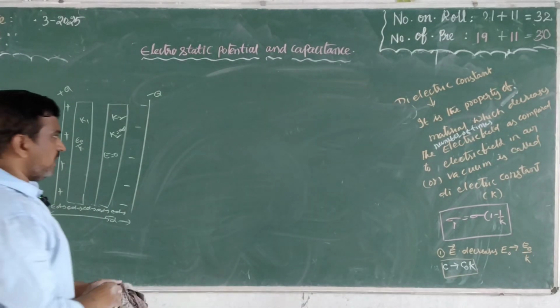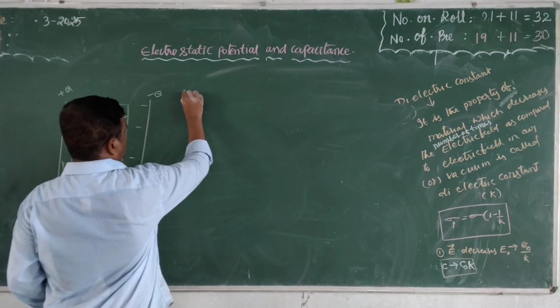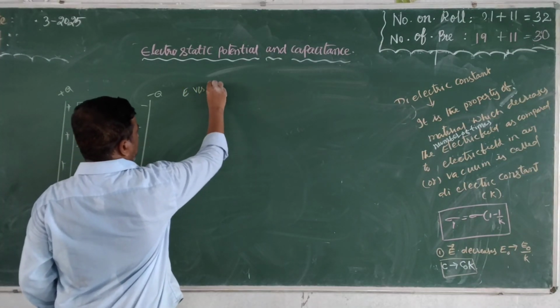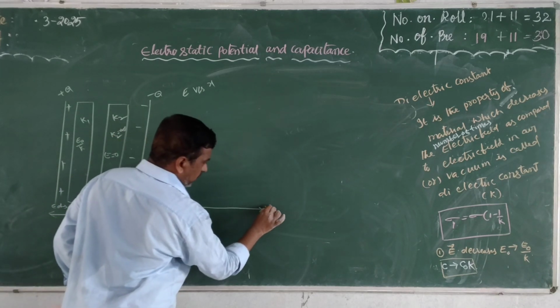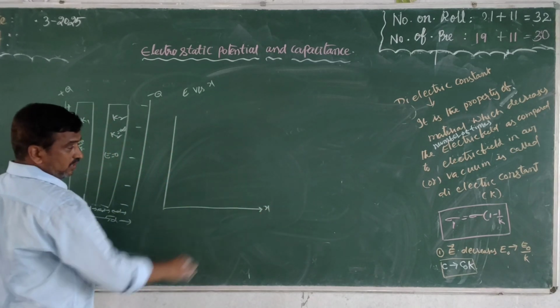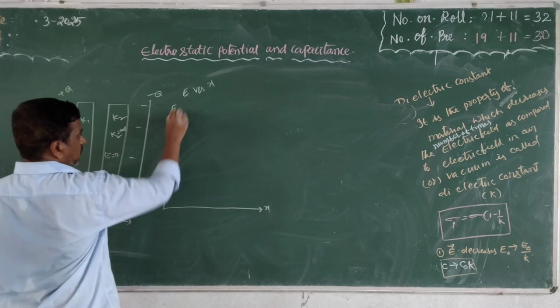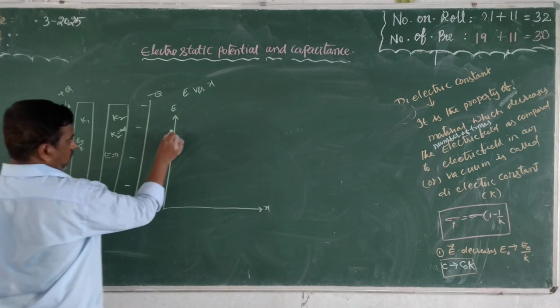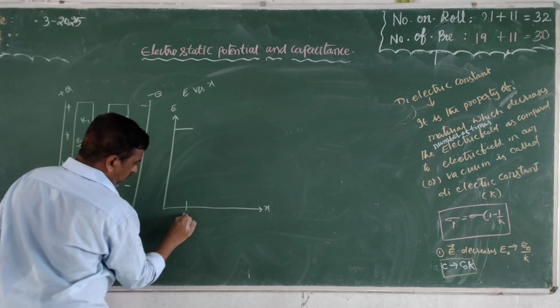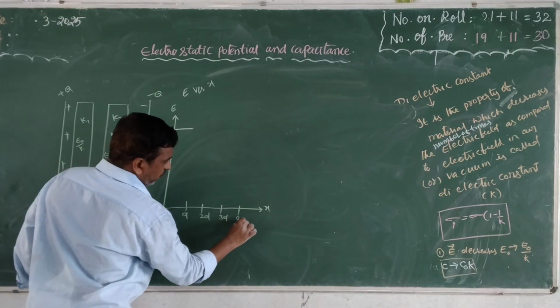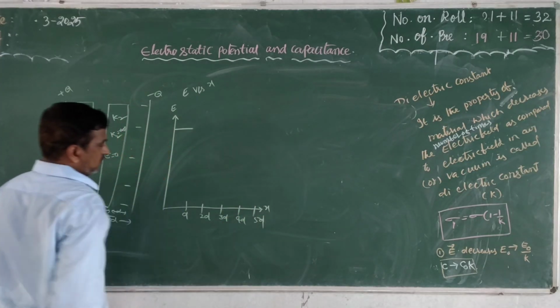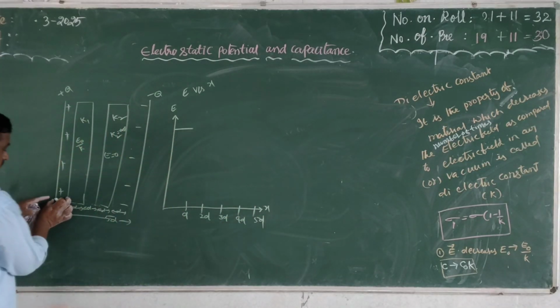Now draw the electric field versus x. The x axis is distance, and the y axis is electric field, with maximum E naught. Mark d, 2d, 3d, 4d, 5d. Here in the first d, there is empty space.